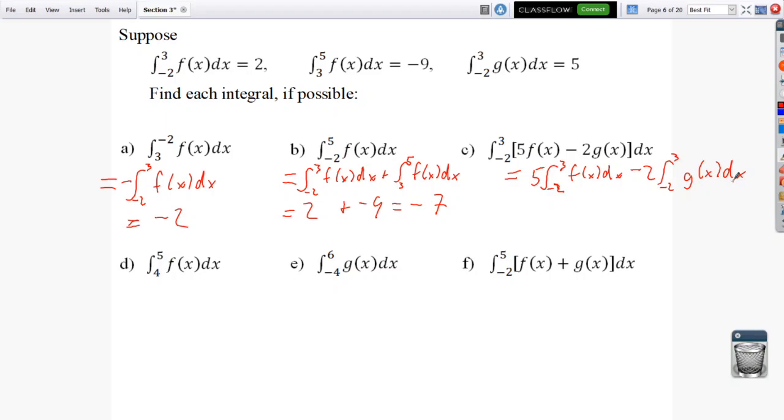And looking back up, hopefully we have this information. If we do, we can finish it. 5 times integral from -2 to 3, hey, right up here, 2. 5 times 2 minus 2 times integral from -2 to 3, 5.